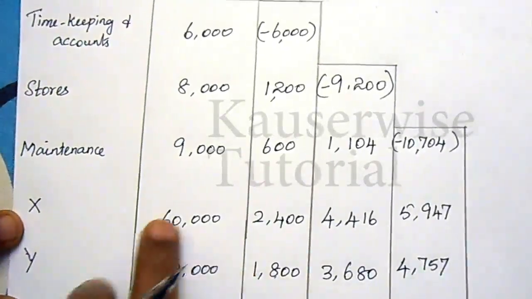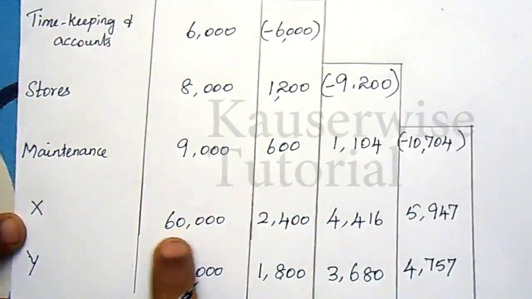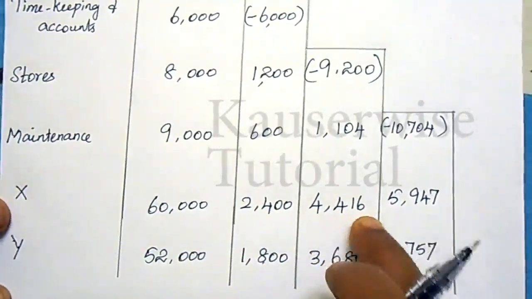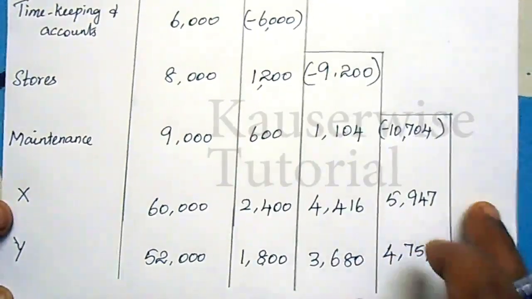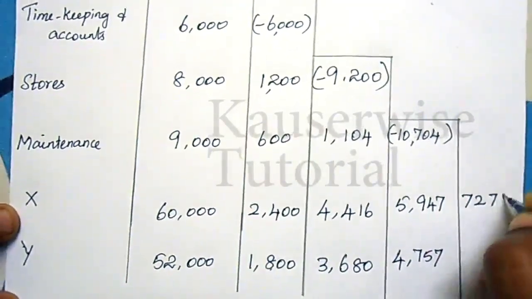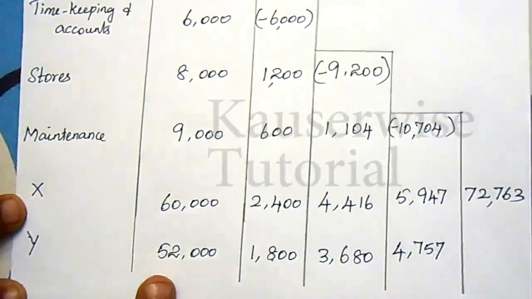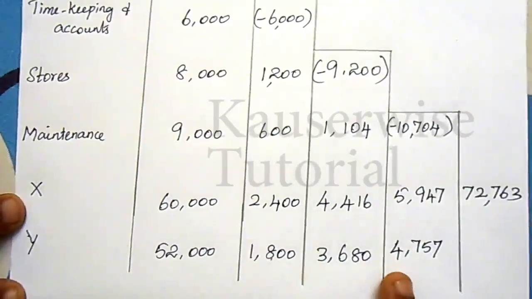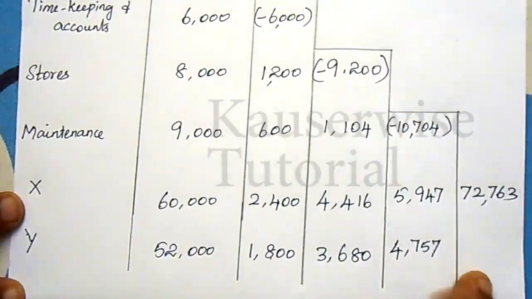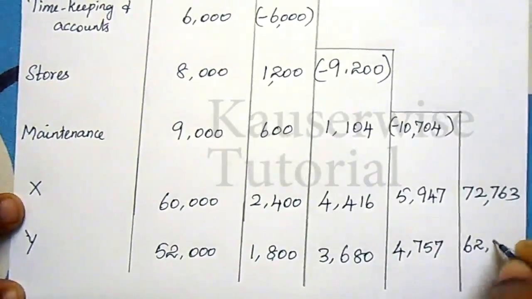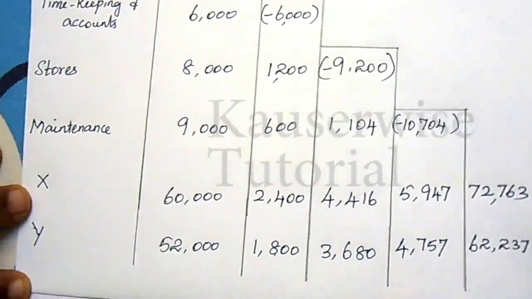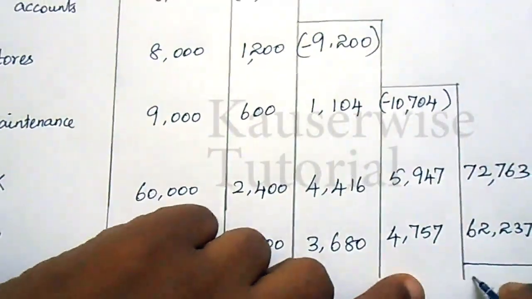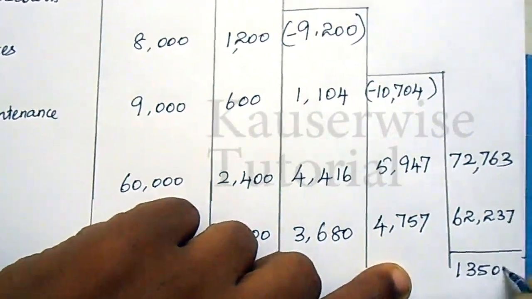Now get the total for X and Y. For X, 60,000 plus 2,400 plus 4,416 plus 5,947, total 72,763. For Y, 52,000 plus 1,800 plus 3,680 plus 4,757, total 62,237. Now get the total for X and Y, total amount 1,35,000.